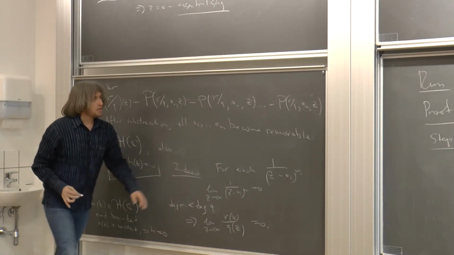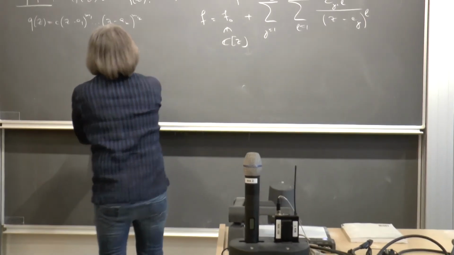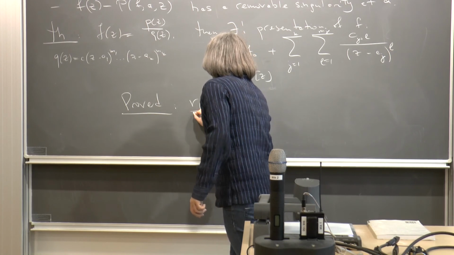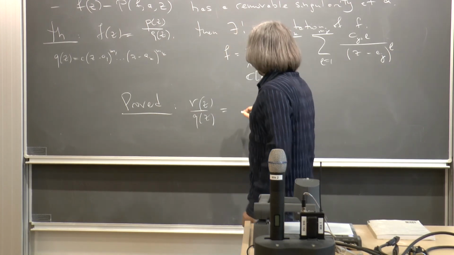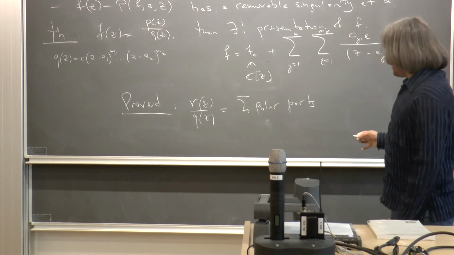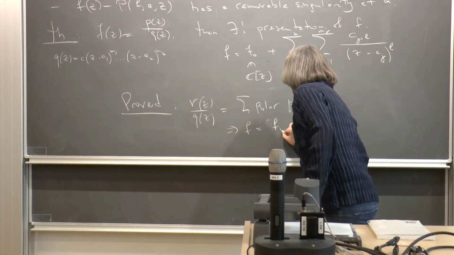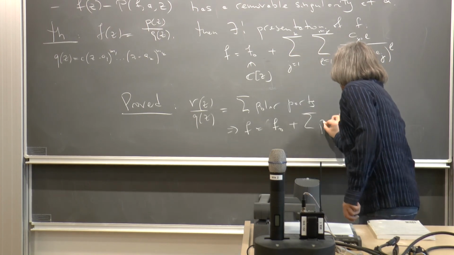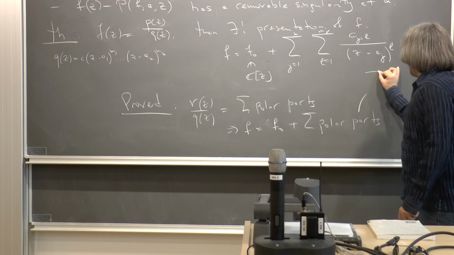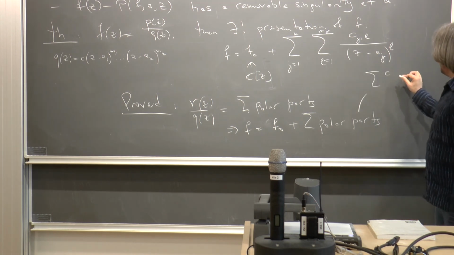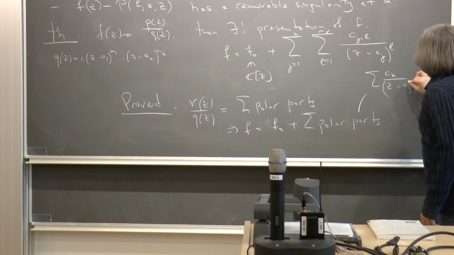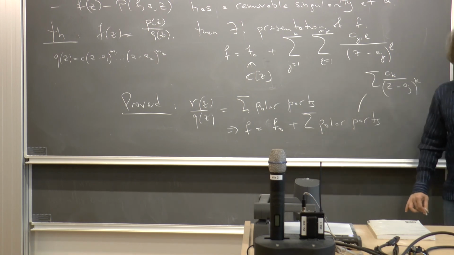What we proved is that r of z over q of z is a sum of these polar parts, which means that f is f naught plus a sum of polar parts, and each of them was of the form a sum of c_k over (z minus aj) to the power k.